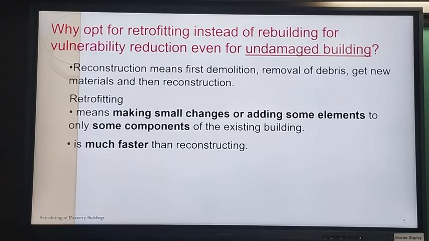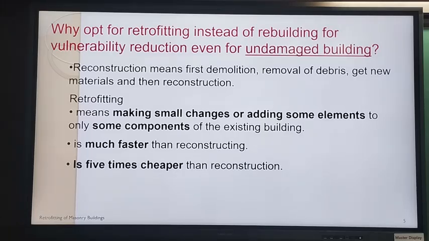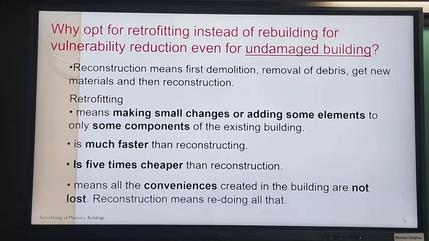So it was not even that it would stop working. All right, so it's much faster, and just one more number, it's 5 times cheaper. It costs about 20% of typical reconstruction of a disaster resilient building. And it means that all the conveniences created in the building are not lost. Just like what I said earlier, if it was a hospital, of course, you have all kinds of things added into it.